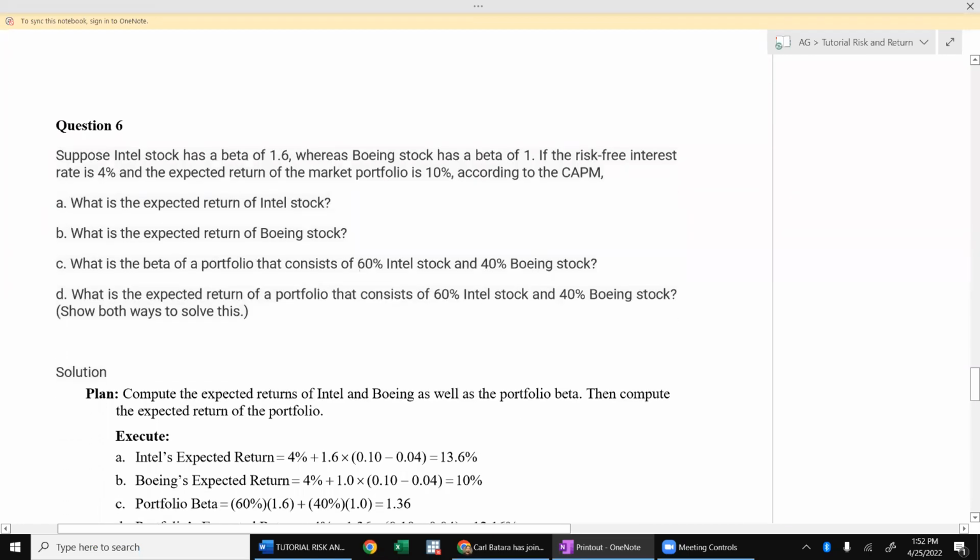Suppose Intel stock. This question is basically about the capital asset pricing model. In the capital asset pricing model, we write it like this: RE is equal to risk-free rate plus beta times the return of the market minus risk-free rate.